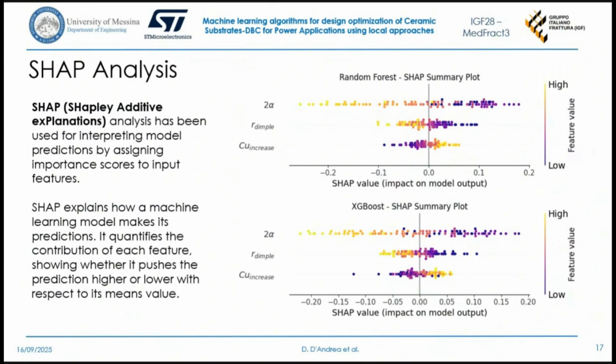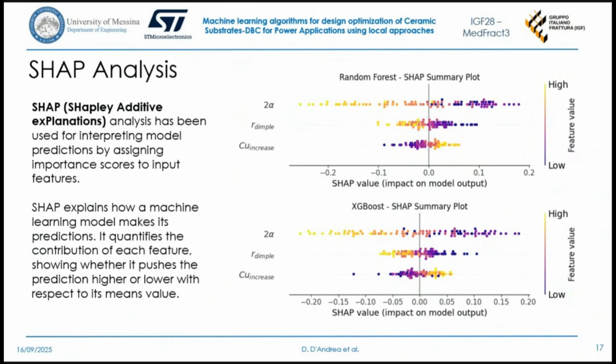And it can also be observed, for example by analyzing the random forest one, that high values of notch angle affect the output by decreasing it, so the SHAP values are negative, while low values of notch angle affect it positively, increasing the output, the objective function, with respect to its mean value.